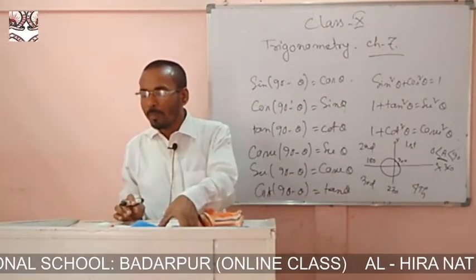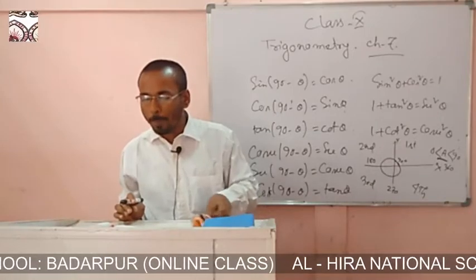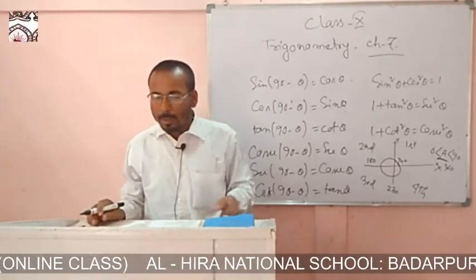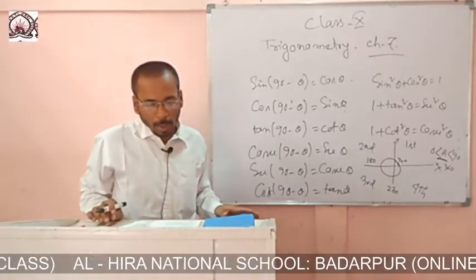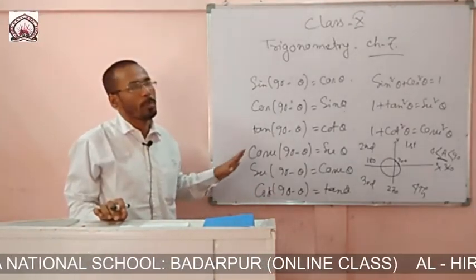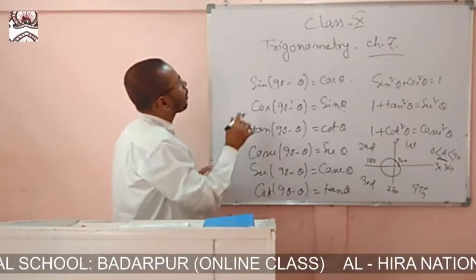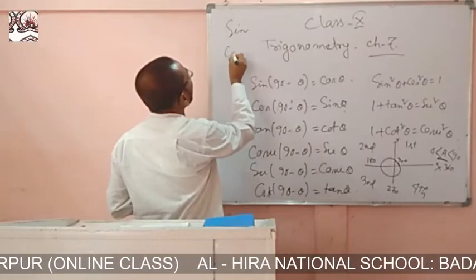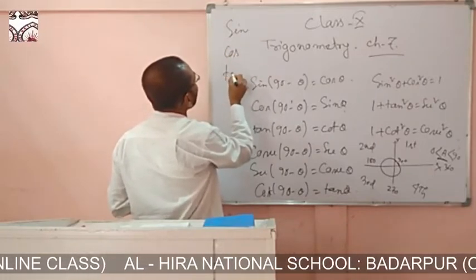You see in your book page number 240, the trigonometry introduction and trigonometric ratio of any angle. Trigonometric ratios of any angle means 6 ratios are there. First is sine, then cos, and then tan.